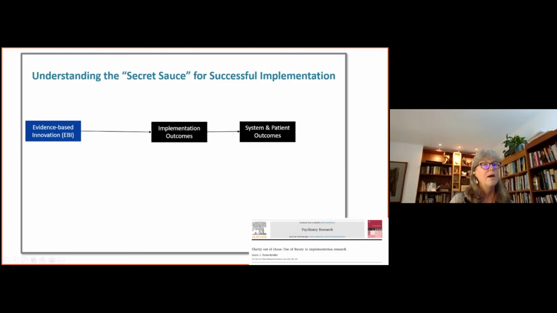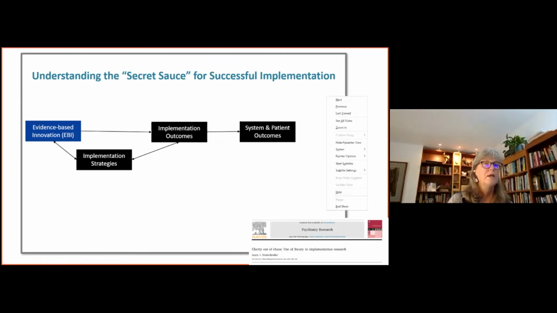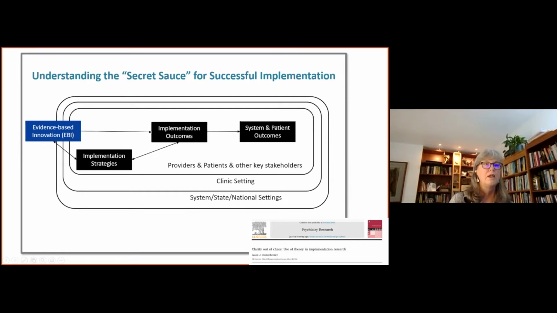And we need to design implementation strategies to get good implementation outcomes that are an indicator of effective implementation. And we need both of those things, both an effective evidence-based innovation and effective implementation strategies to ultimately see system and patient outcomes, or the impacts that we want to see by having implemented the innovation.